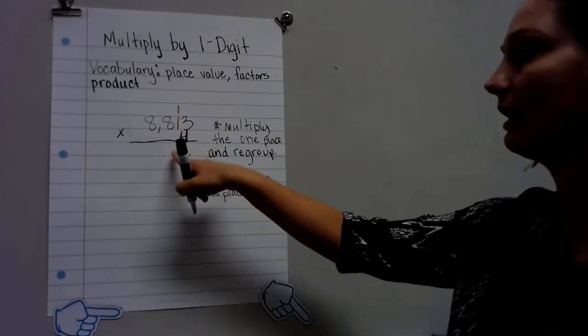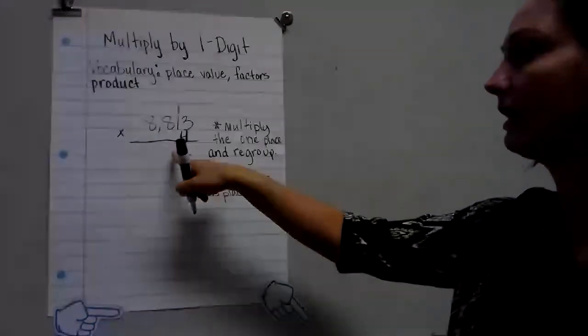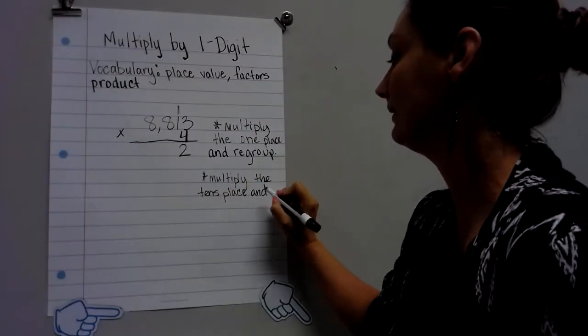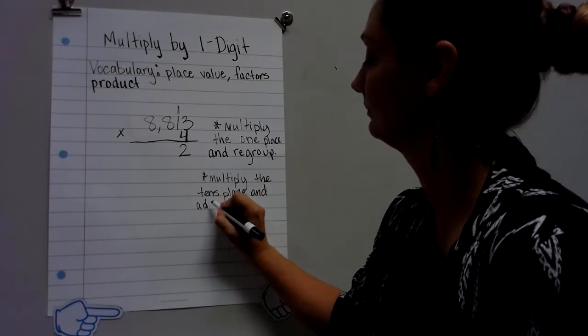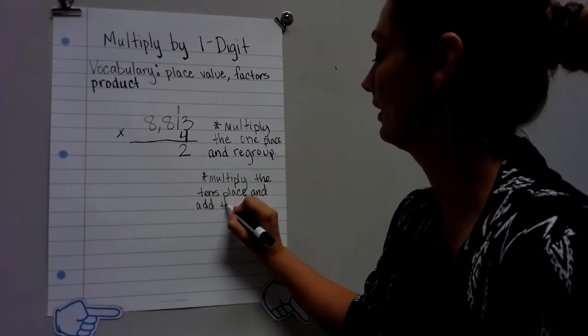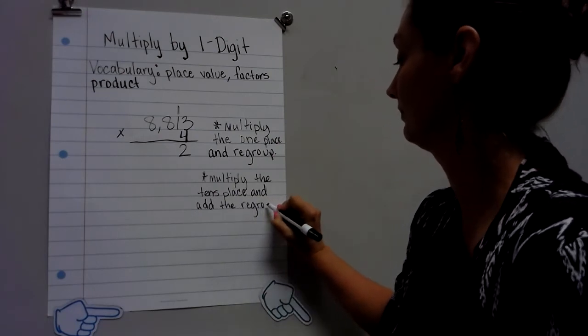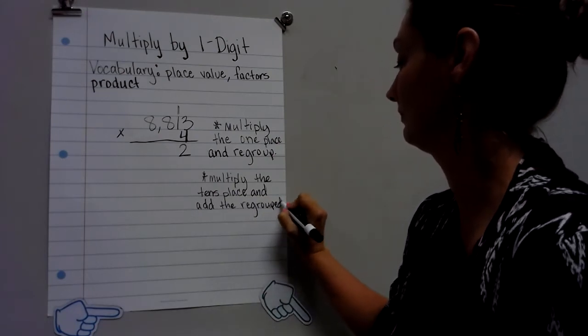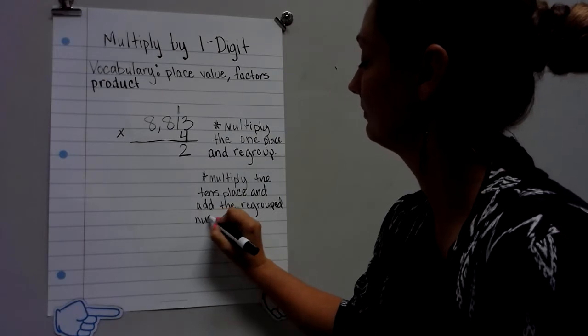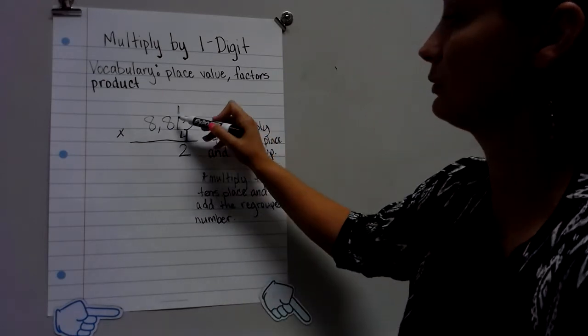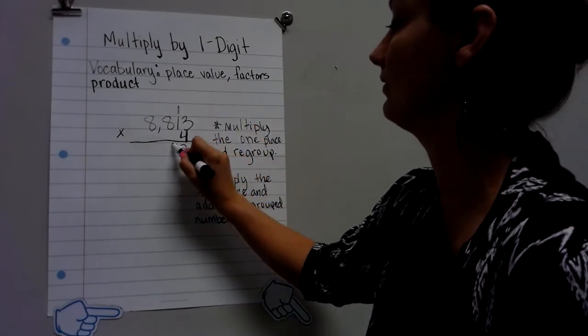No, I need to add the number that I regrouped. So multiply the tens place and add the regrouped number. Okay, so 4 times 1 is 4 plus 1 is 5.